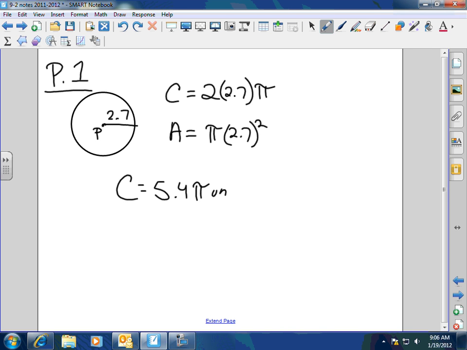Again, if you wanted to calculate it, you go 5.4 times pi on your calculator and you get it. The area here is going to be 7.29 pi units squared. So it's pretty straight up, the circumference and the area. Is everyone with me so far? Yes? Okay.